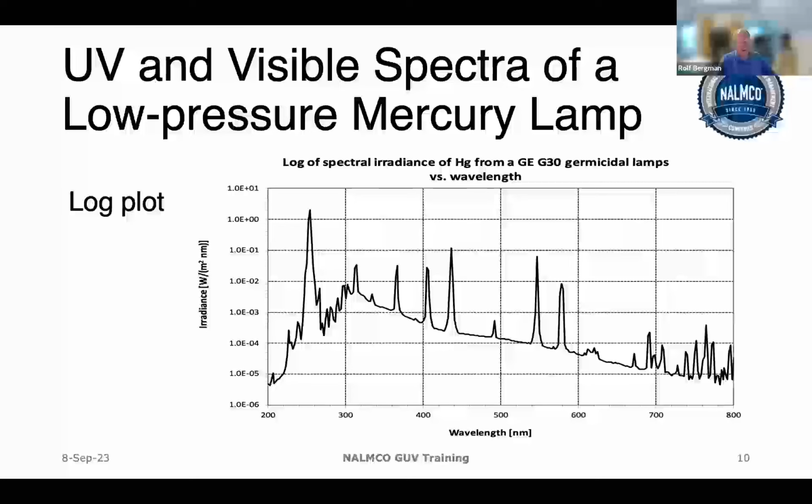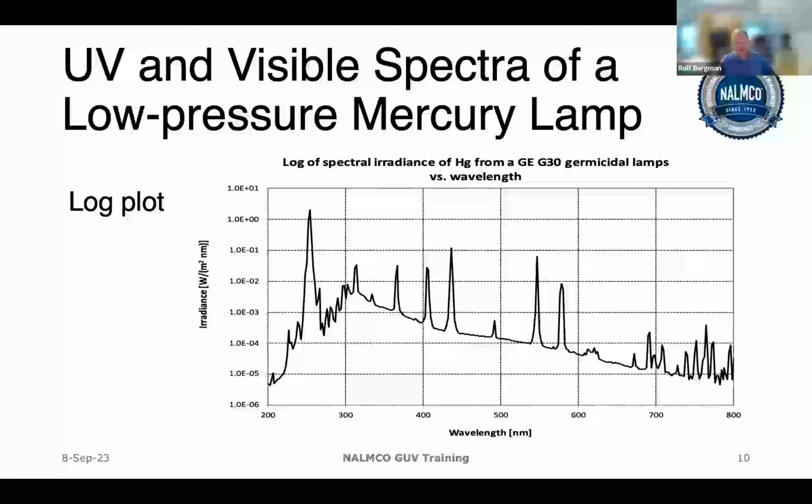So we're looking at 6 orders of magnitude over which the spectrometer can sense signal. And it looks a lot more complicated, but the 254 dominates as before, but we also see that the other visible lines or UV lines are present as well as in the visible region.